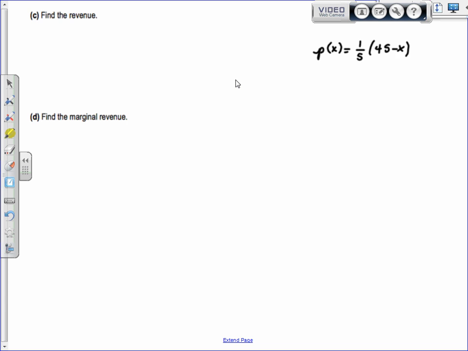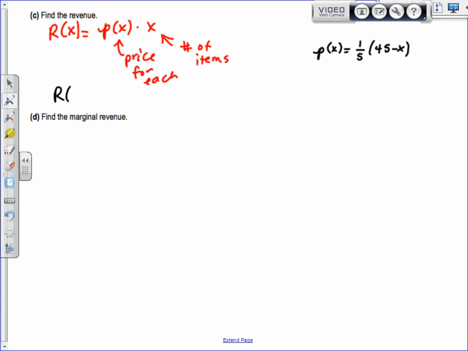So this is the price for each item. So your revenue is going to be the price for each item times the number of items. So your revenue is going to be 1/5 times 45 minus X times X. I don't know why we write it like that.